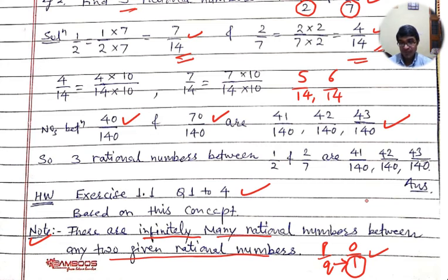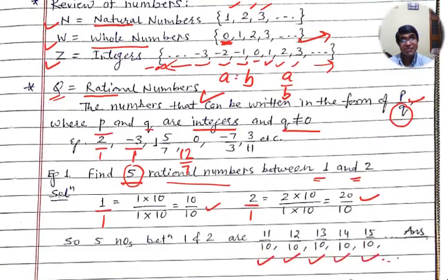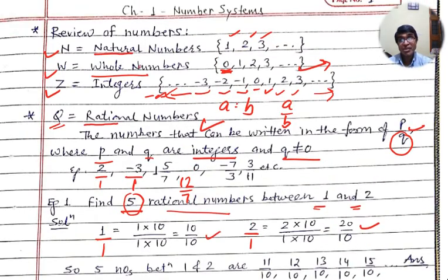Now in question number 4, state whether the following statements are true or false. Give reasons for your answer. The first part is: every natural number is a whole number. Is it true or false? In natural numbers we have 1, 2, 3 and so on, and in whole numbers 0 is also included.